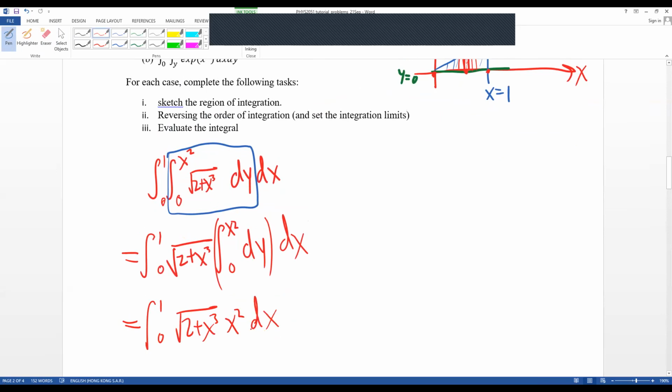So when you see this x squared dx, you know that you can do a substitution of variable. Like we let u equal x cubed, so then du would be 3x squared dx.